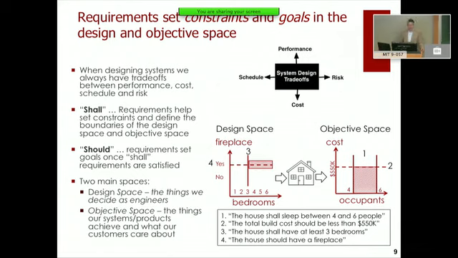So it's a dashed line. Just with these four sentences, we've defined the space that we're going to be designing in. We have constraints in the design space and constraints in the objective space. That's fundamentally the role of requirements: to constrain, to give us direction as to what we're going to design.